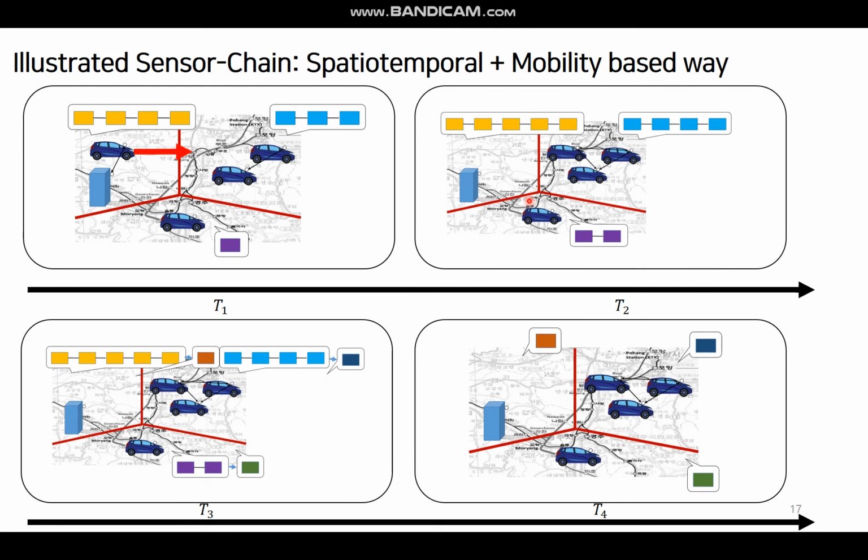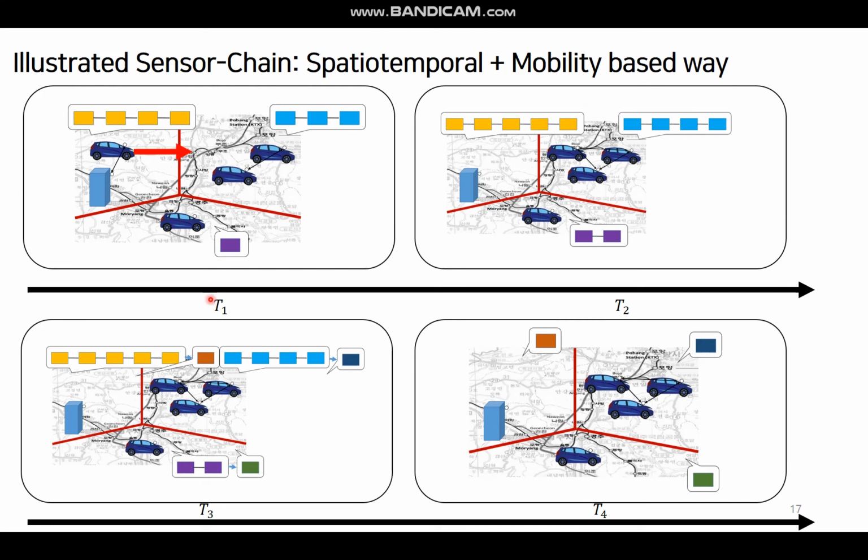And this illustrates the sensor chain, which just adds storage management, and this is the way of combining spatio-temporal with mobility-based blockchain management. And this figure depicts the two ways in time sequence.